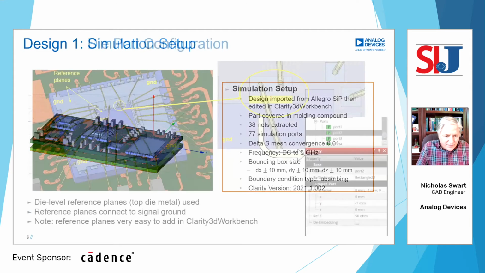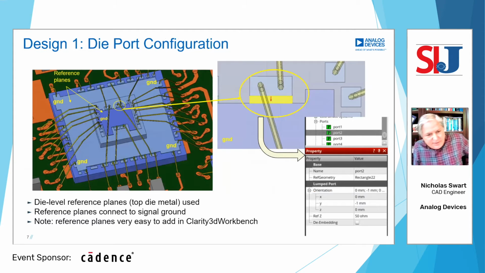All right. So just a few points on how the simulation ports were set up for this SIP product. In Clarity 3D Workbench, we created reference planes on each of these dies. If you look at this top die here, you can see the dark purplish plane that was drawn in Clarity 3D Workbench.